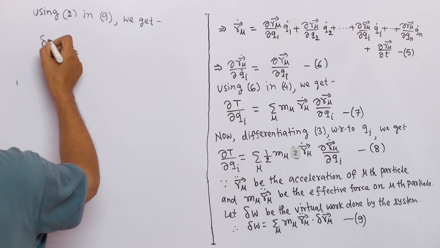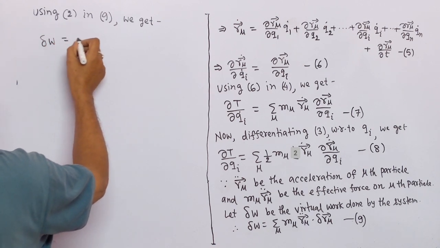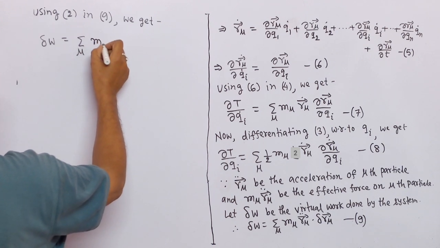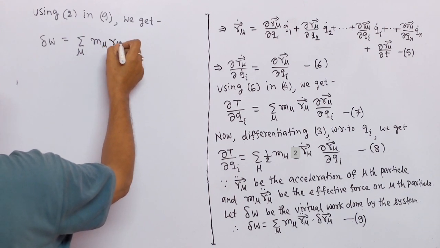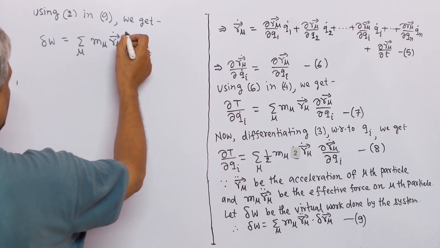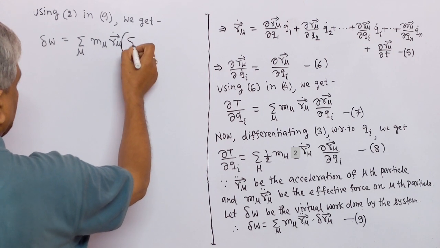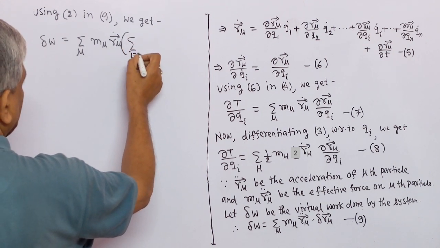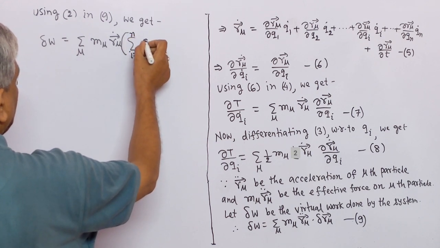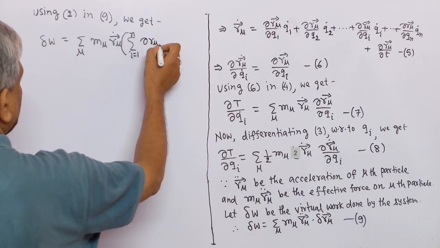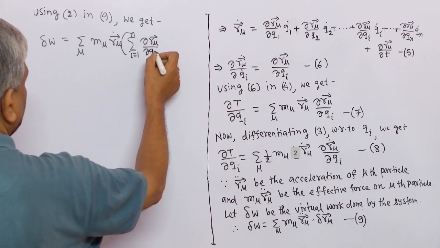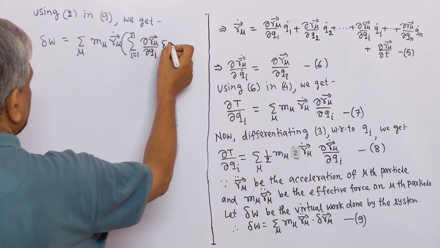We get delta W equal to sigma mu a mu r mu double dot, and this is sigma i equal to 1 to n partial derivative of r mu vector with respect to qi delta qi.